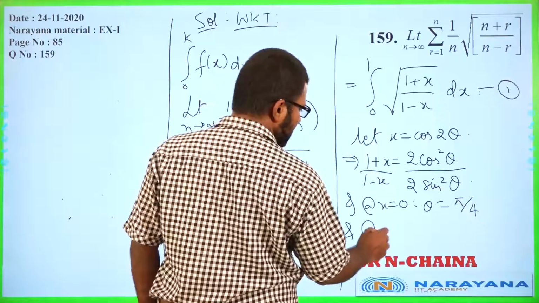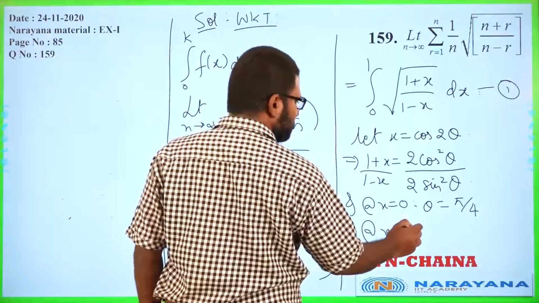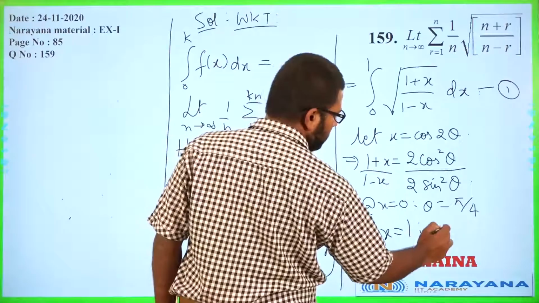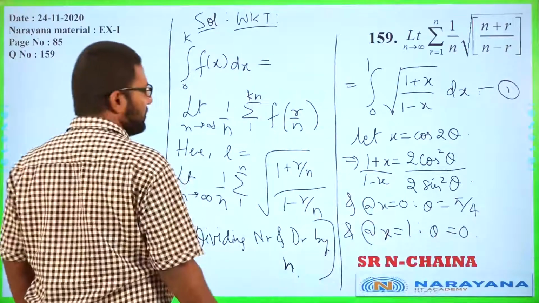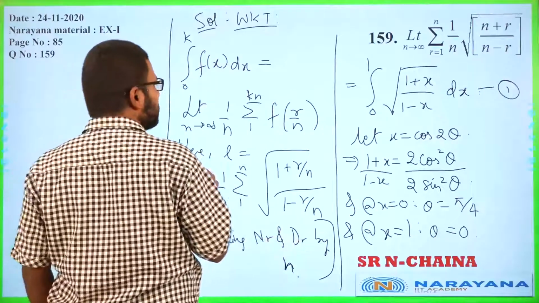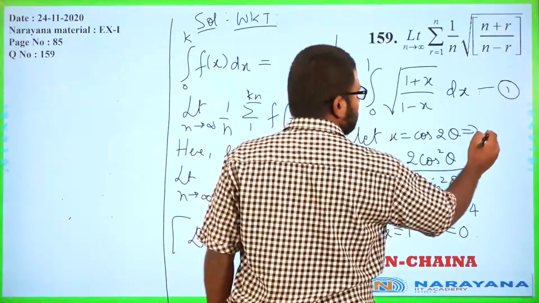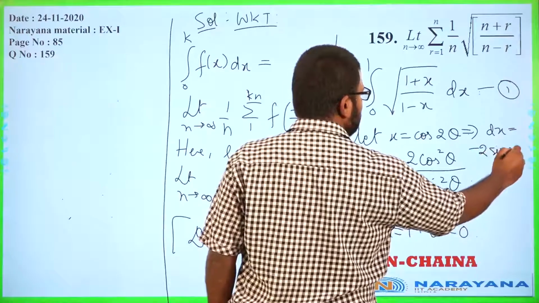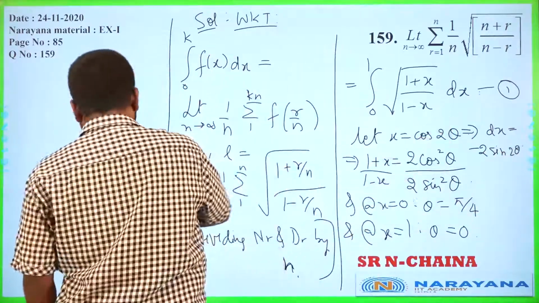And at x equal to 1, I want cos as 1, therefore theta is 0, right? And apart from all this, we need dx also. So dx would be minus 2 sin 2 theta. Put everything there.